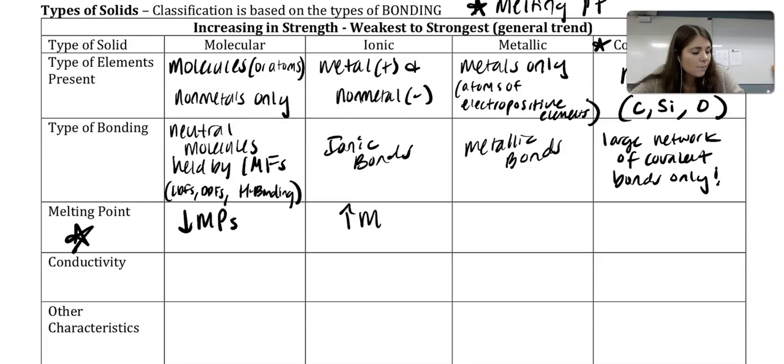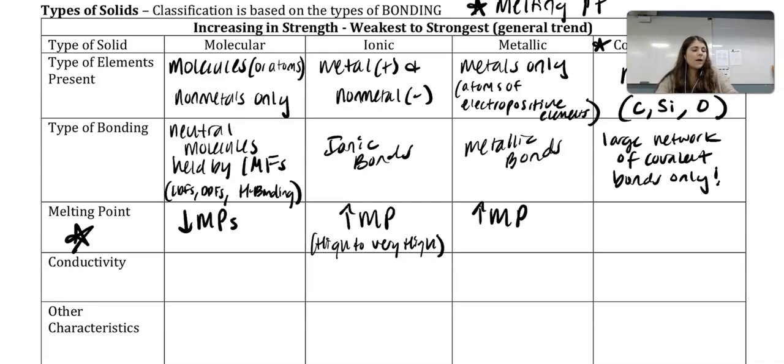Ionic are going to have high melting points, but I want us to put high to very high, because this is going to come into play here shortly. Metallic will have high melting points as well. Here, high to very high. Please note that these two, ionic and metallic, this is where some of those exceptions in our general trend may have overlap, okay?